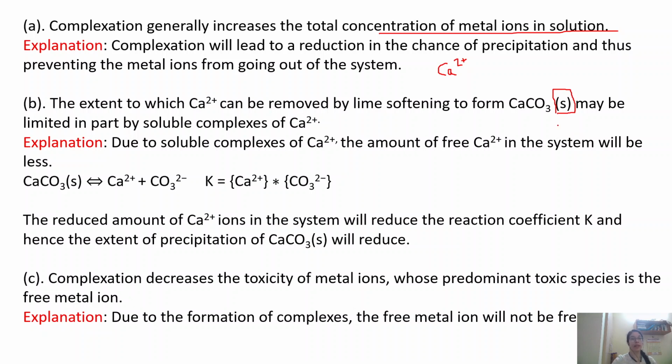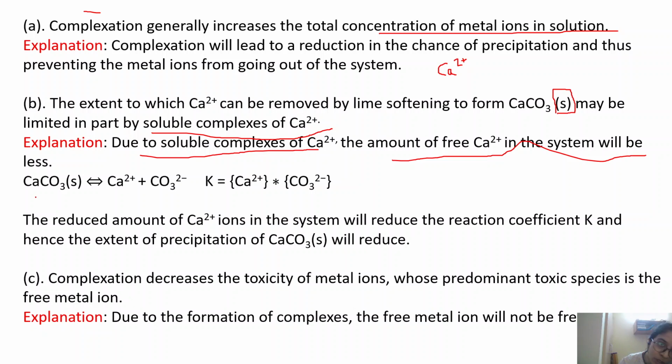However, it is limited by the soluble complexes of calcium. Like option A, here also there may be the formation of complexes of calcium. So what is the explanation? Due to soluble complexes of calcium, the amount of free calcium in the system will be less.